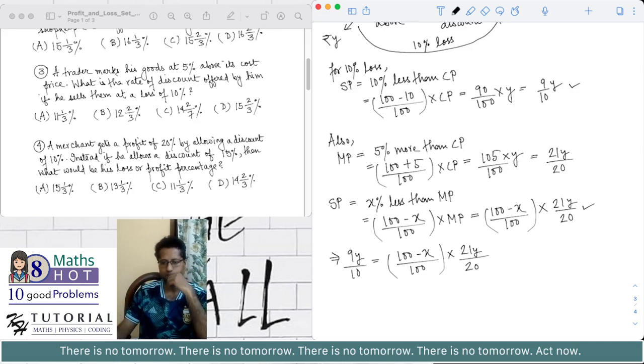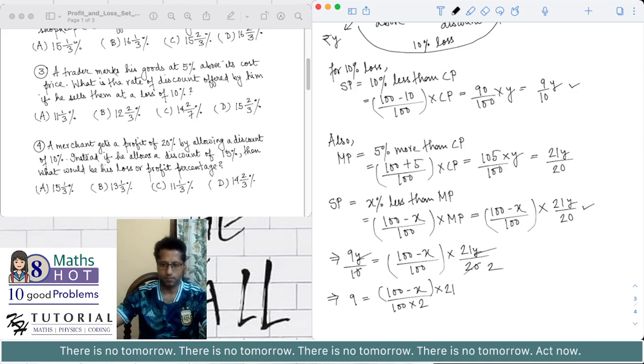Okay, so y cancels out from both sides. If I multiply, this 10 cancels 20 with 2. So we have 9 is equal to (100 minus x) divided by 100 multiplied by 21 over 2.